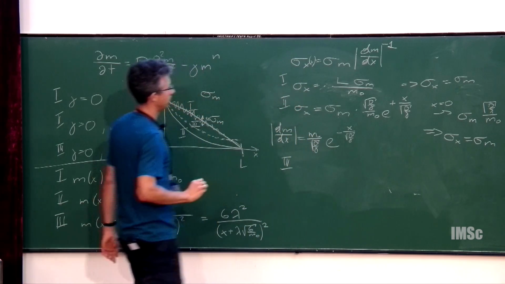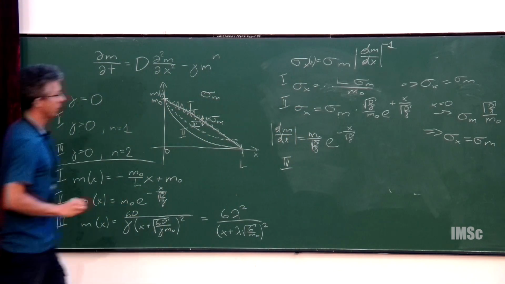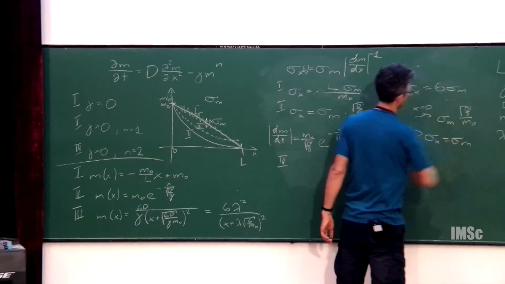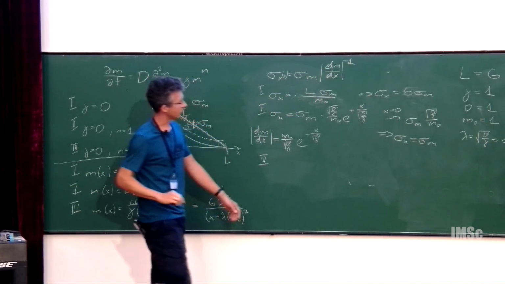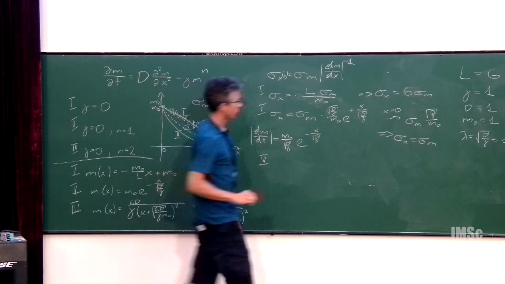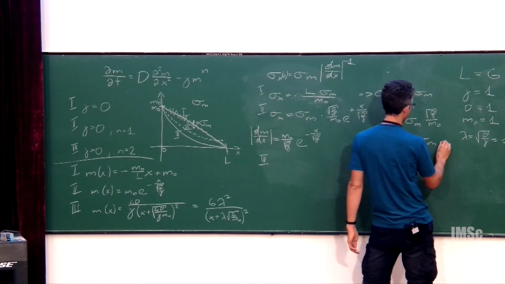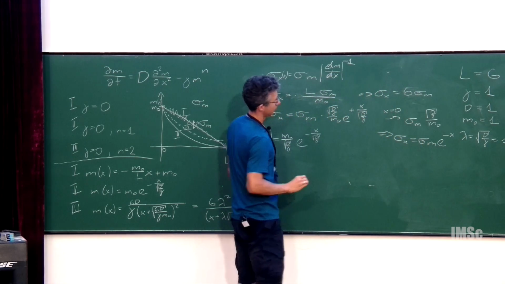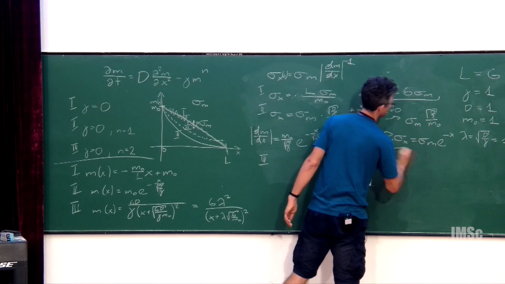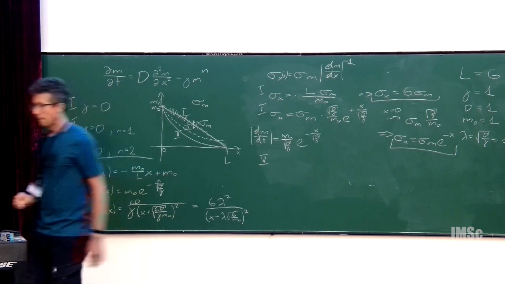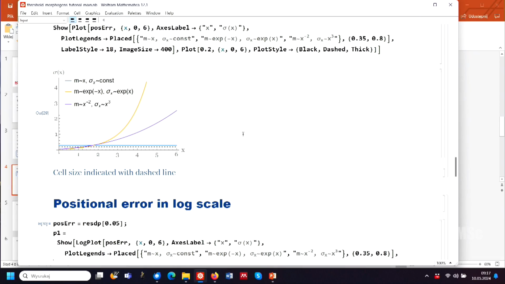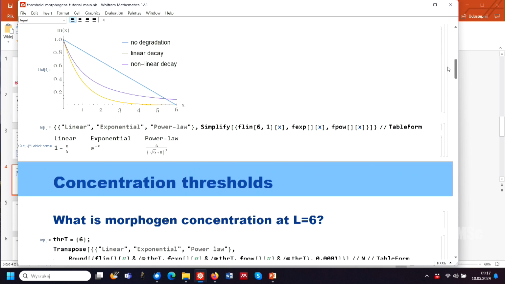Okay, now it's good. Now we are done. And now you see that the source would be much higher, and here it would give you, this is your linear, this is for the exponential.